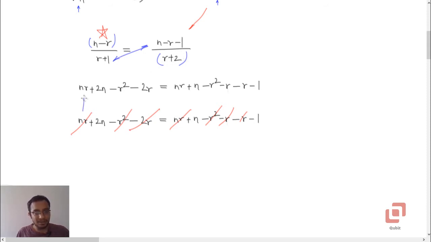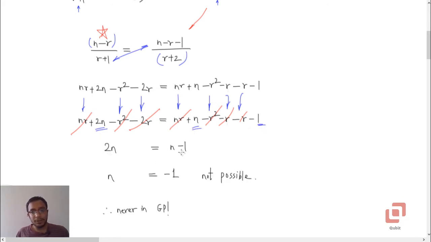Now you can cancel nr and nr. You can also cancel minus r squared and minus r squared, and the negative 2r will cancel against these negative r terms. So you now see that everything that contains r has vanished, and what remains is 2n equal to n minus 1.